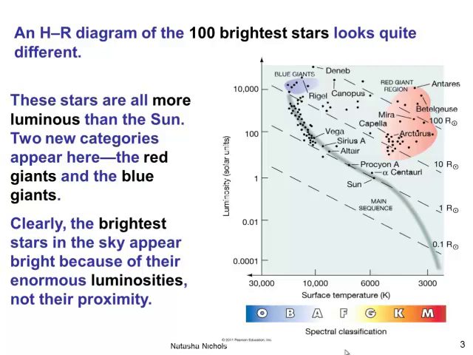Now, I want you to also notice that some cool stars lie above the main sequence. So although they're cool, they have low temperatures, they are luminous. This must mean that they are larger and have more surface area than main sequence stars of the same temperature.